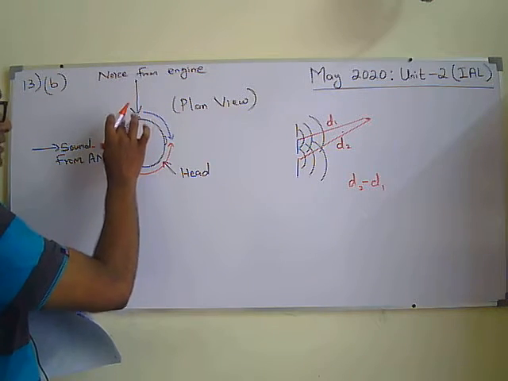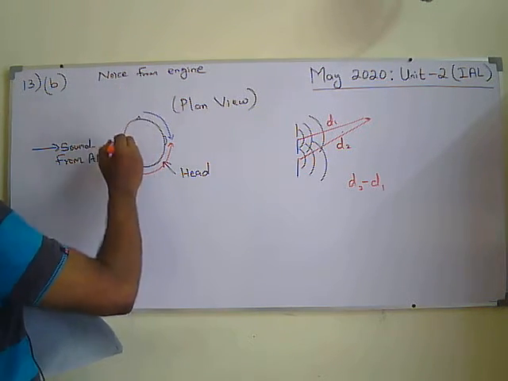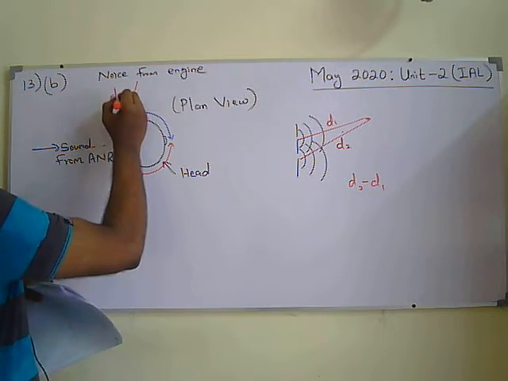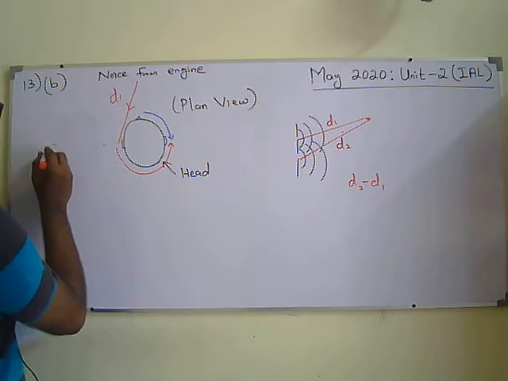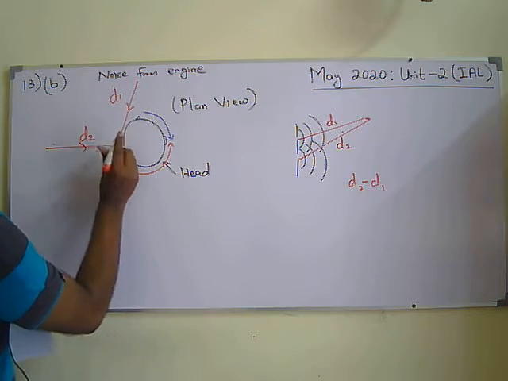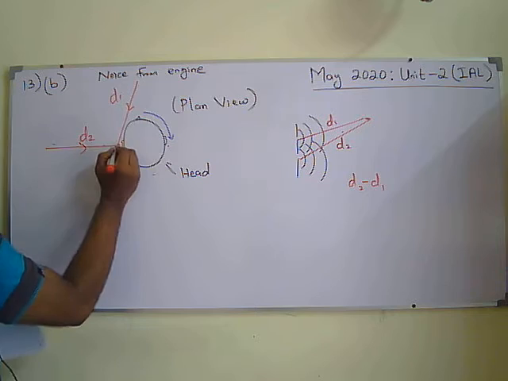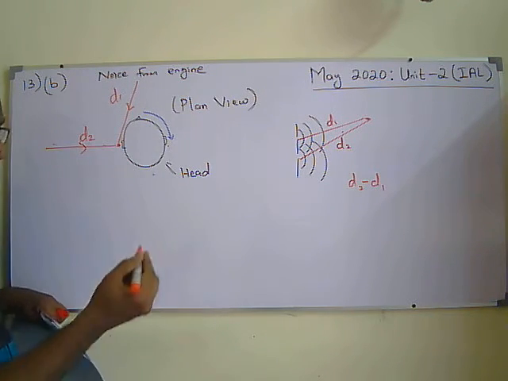Imagine the sound is coming from a source somewhere here. For the left ear, this distance is d1, and this distance is d2. At the left ear, the two sounds form destructive superposition, with path difference d2 minus d1.